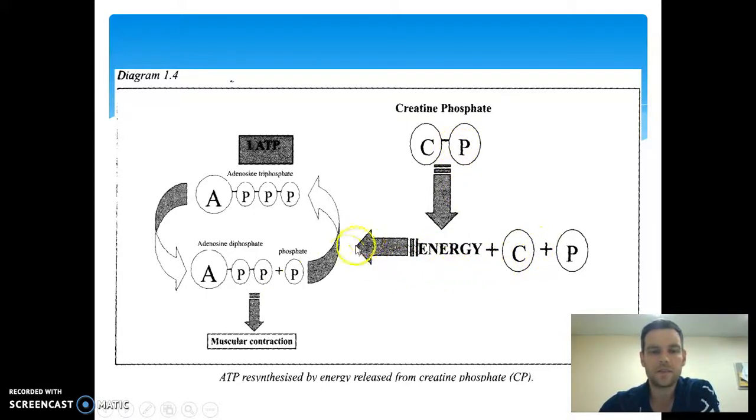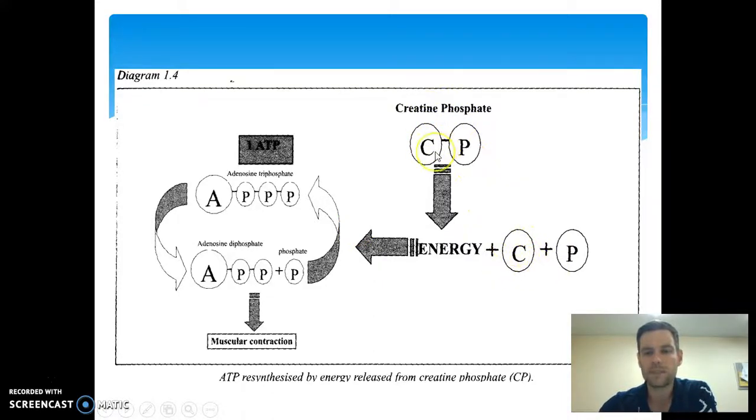So this system occurs 0 to 10 seconds. It's a very fast, high-intensity, short-duration movement. We need our energy to be coming from our CP stores. These creatine phosphate stores are located inside the muscle cells, and that's essentially the limiting factor of this system. We can only use this system as long as we've got enough of these CP stores.